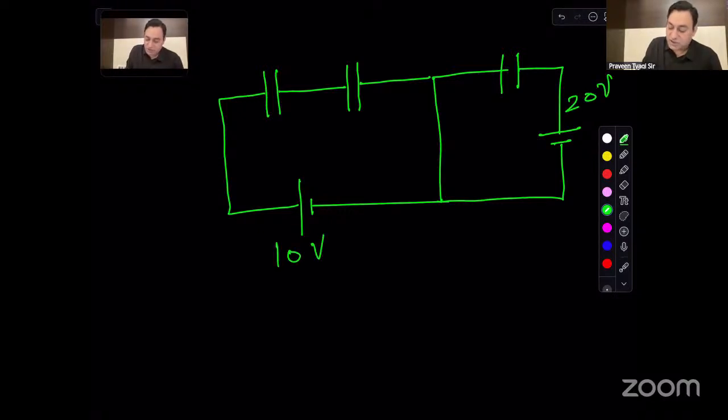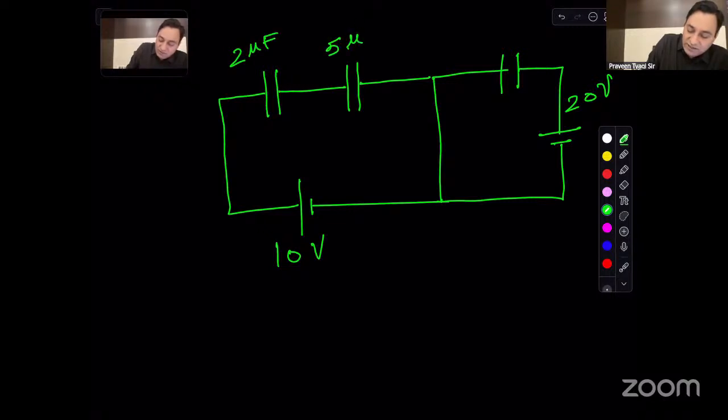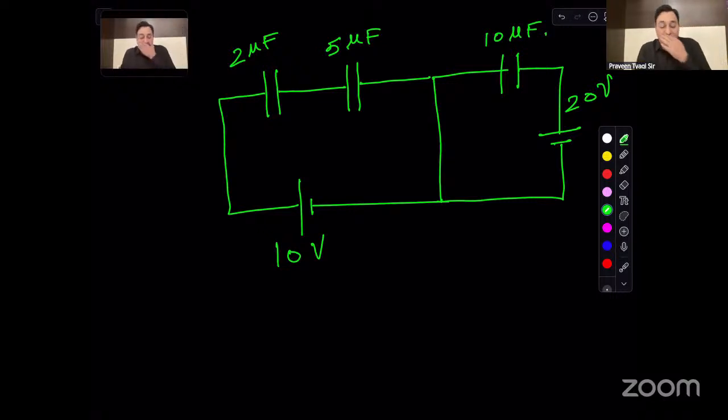If we will use Kirchhoff's voltage law, which is like a basic rule, which we all should know. This is say 2 microfarad, 5 microfarad. This is 10 microfarad. These are three capacitors, and I want to find, will there be any current flowing in these when the capacitors are charged?